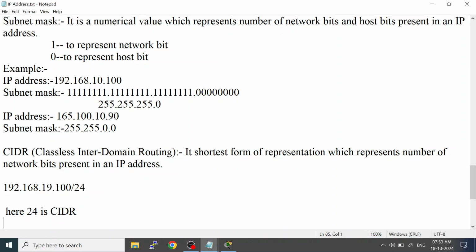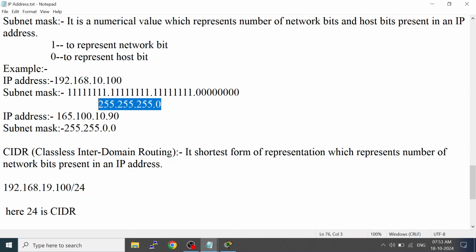To represent network bits we use 1 and to represent host bits we use 0. Here I have taken an example of class C. This is the IP of class C. As we know, in class C 24 bits are network and 8 bits are host. When we convert it into decimal, we get 255.255.255.0, and this value is our subnet mask for this IP.